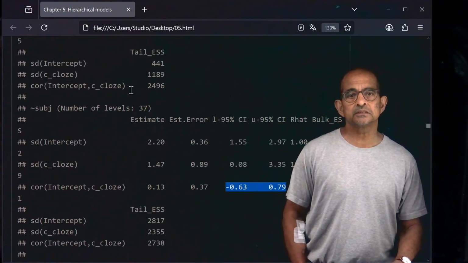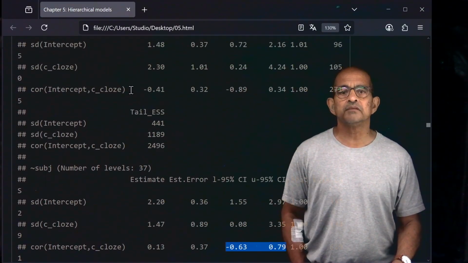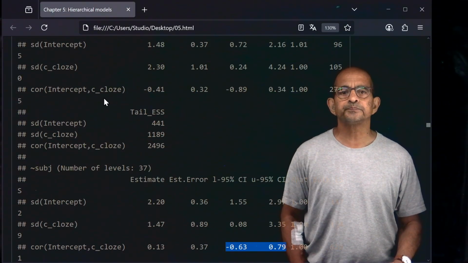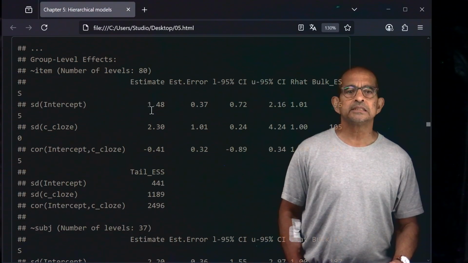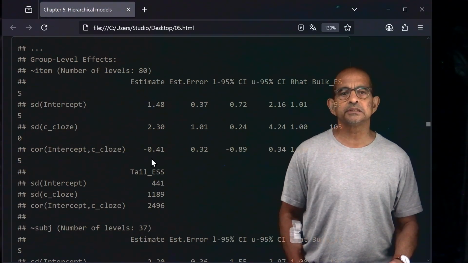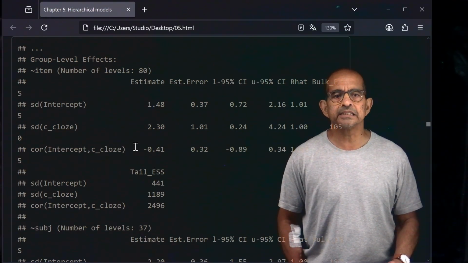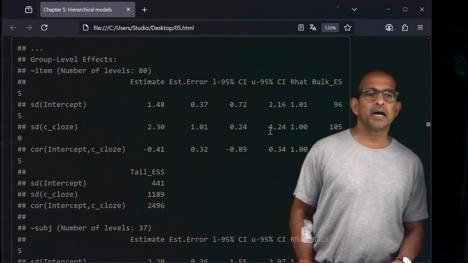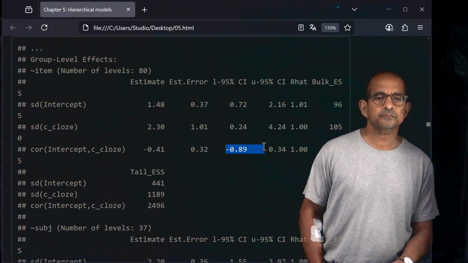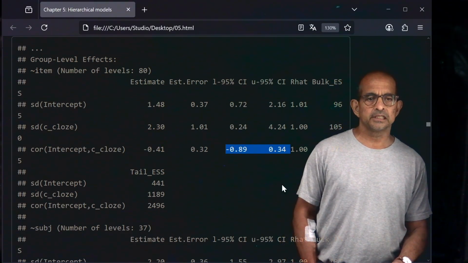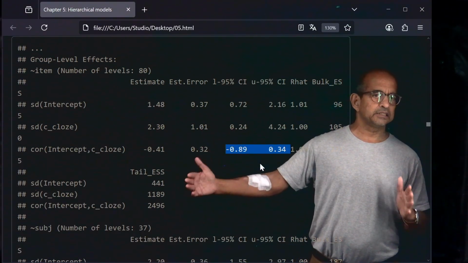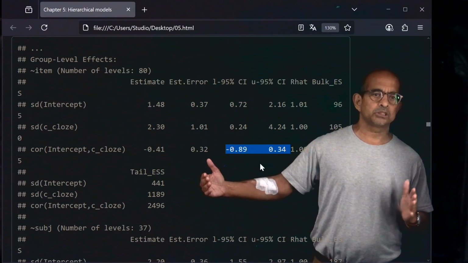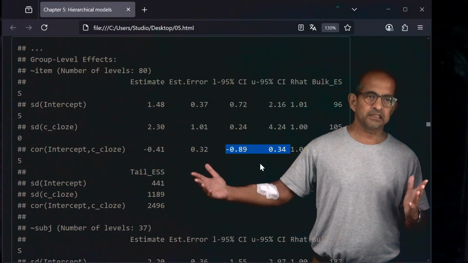That's the subject parameters, and then there will be item parameters as well over here, right? These are the item parameters, the standard deviation estimates, and the correlation. The correlation here is minus 0.41, but if you look at the range, the 95% credible interval, again you see that the data were very sparse, did not really allow us to estimate that correlation with any degree of precision.